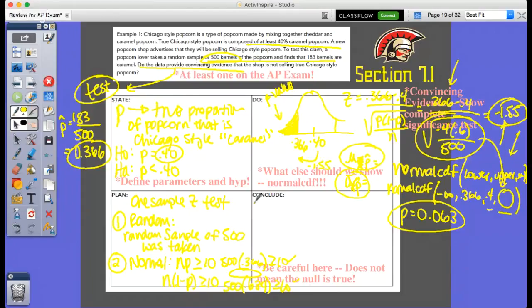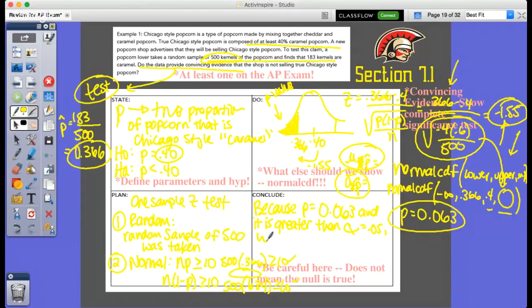state this, we say because P is equal to 0.063 and it is greater than our alpha, which is equal to 0.05, we can't say that that means that the null is true, okay? But what we can say is that we just don't have convincing evidence.